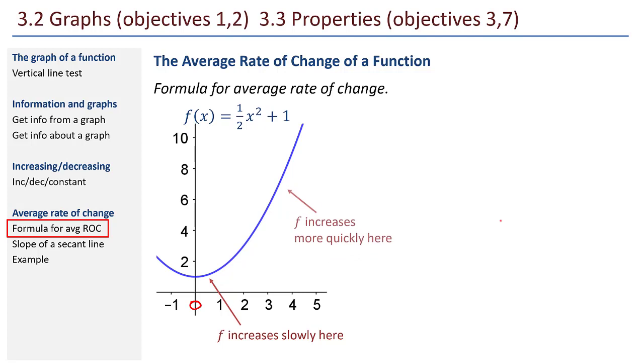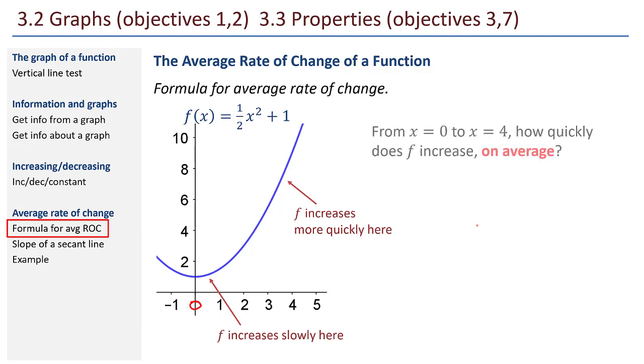But later on, the function increases much more quickly. As I move to the right, those y values go up and up and up, faster and faster and faster. So at some points of the curve, the function increases slowly. At some later points of the curve, the function increases more quickly.